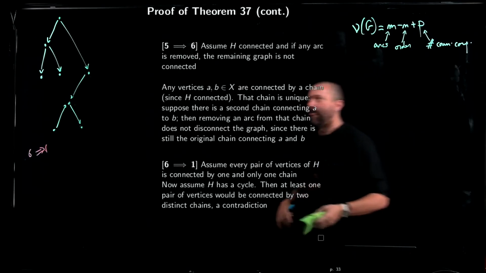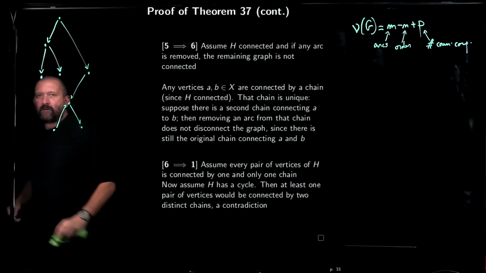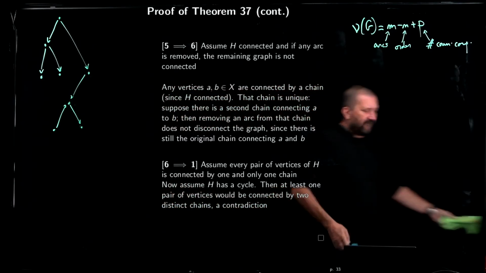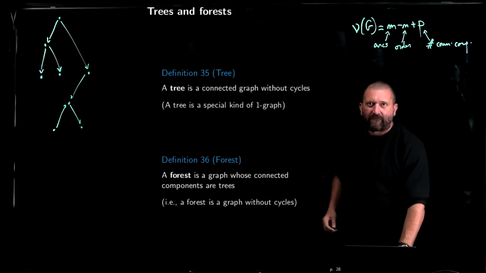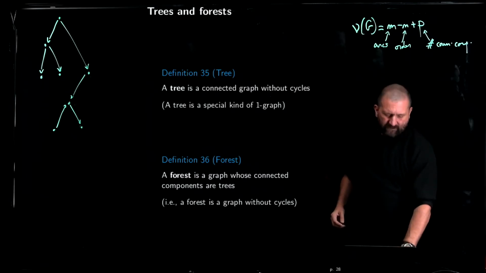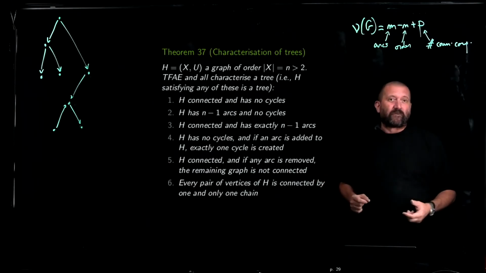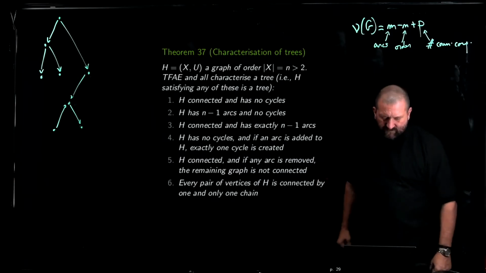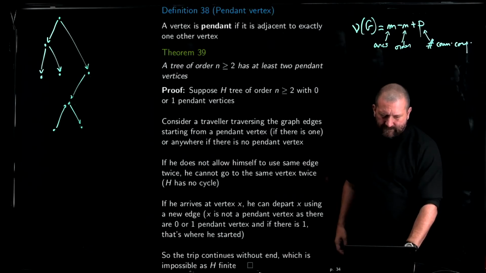So we're done. Okay, and recall that what that means is now we've shown that if we have any of those properties, then we have a tree. So this will be useful from time to time.